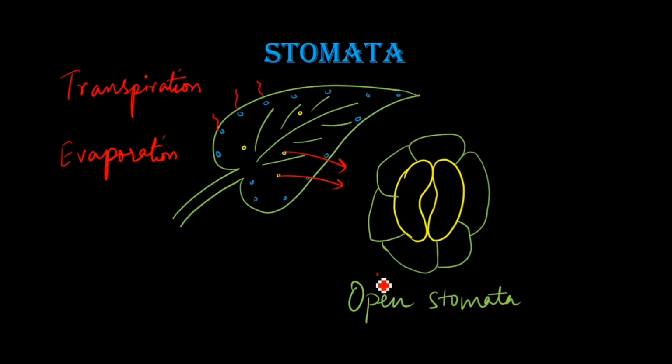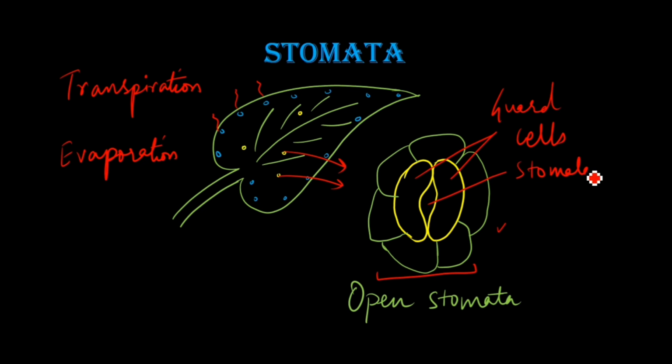You know that the stomata help in gaseous exchange as well as removal of waste substances. So here water and minerals are released because of these stomata, right? These are the guard cells, and this opening is known as the stomatal pore. This pore helps in gaseous exchange as well as removal of waste substances.